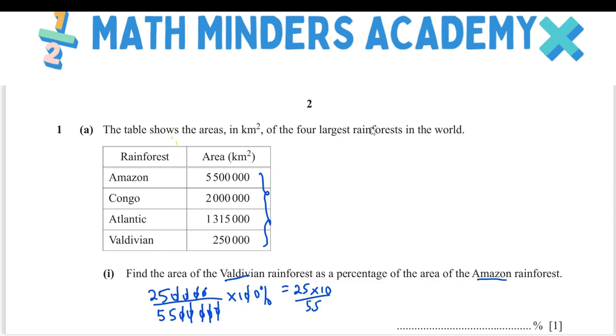All right. So this is 250 all over 55. This gives us 4.55%. So we enter our answer, 4.55. So that's solution to question number 1A.